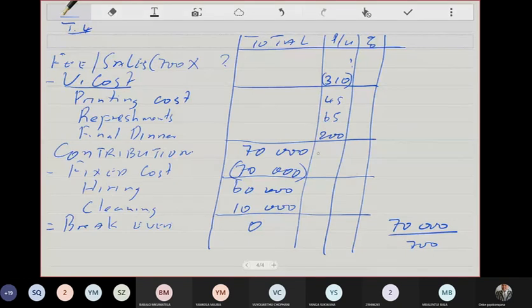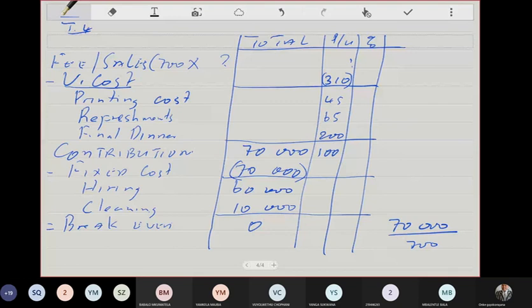It's 100 Rand. So if my total contribution is 70,000 and I've got 700 delegates, each delegate contributes 100 Rand. And again, I do have the contribution per unit.